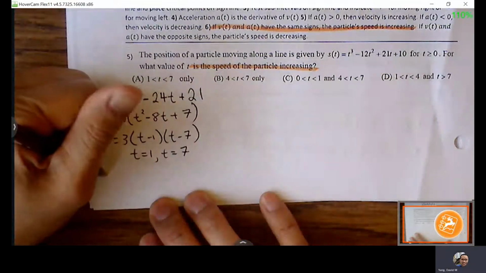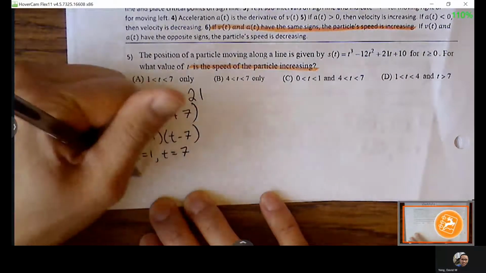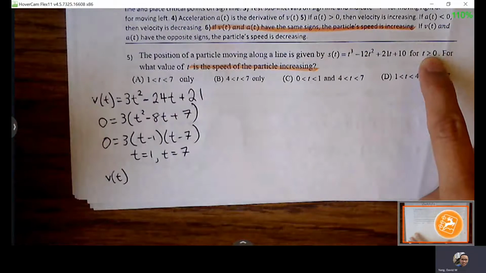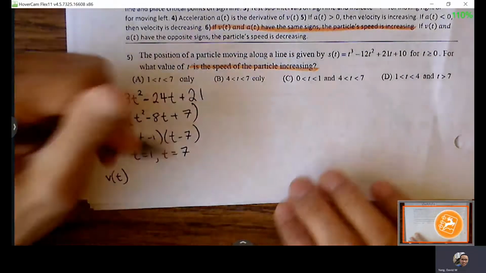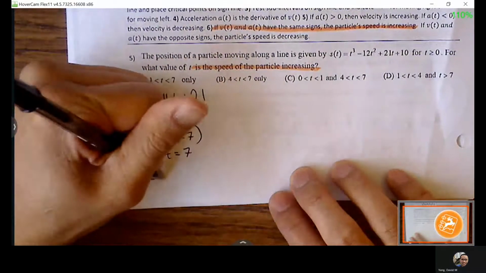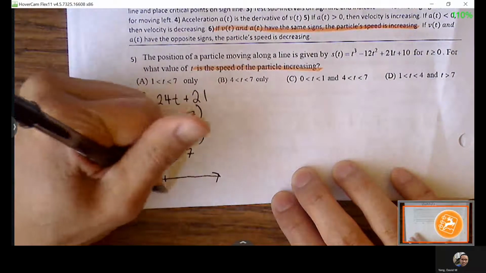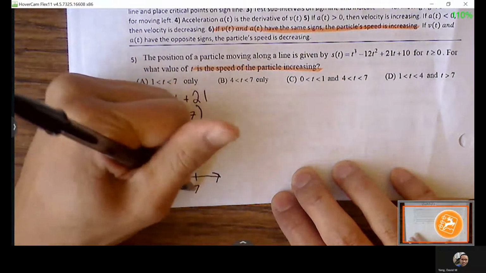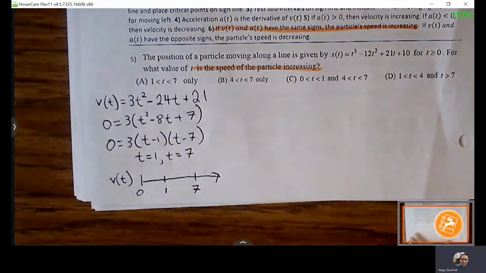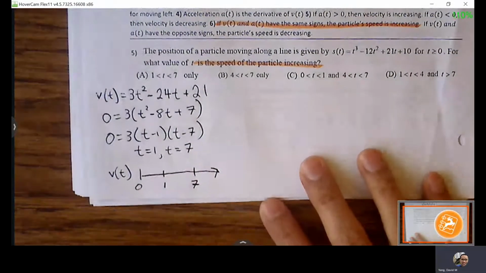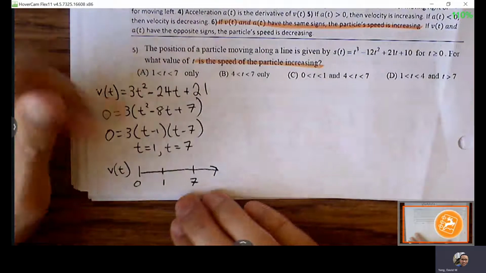Okay, let's go ahead and populate our velocity sign line. We know we can start at 0 because t is greater than or equal to 0. Okay, choose values in each subinterval to test against the velocity function.